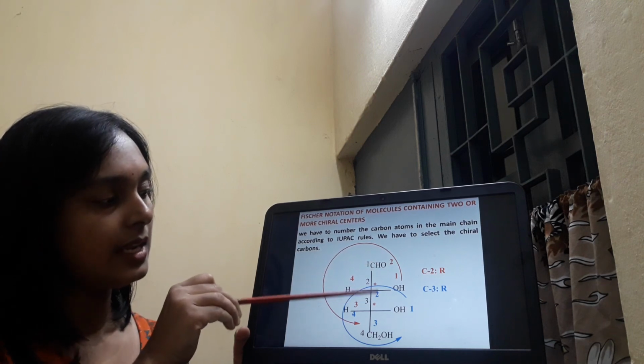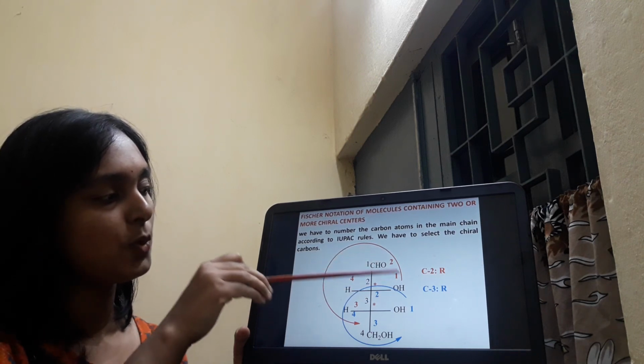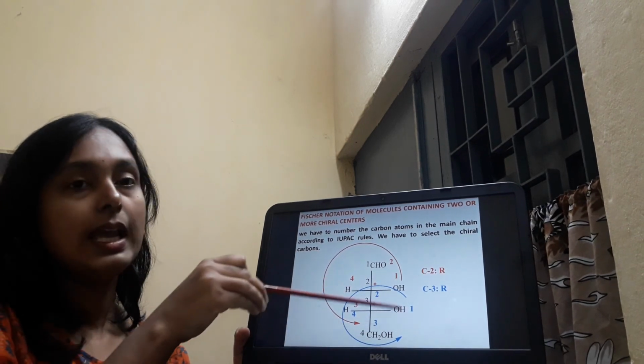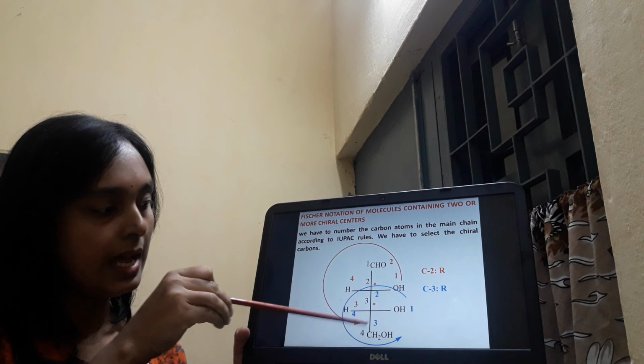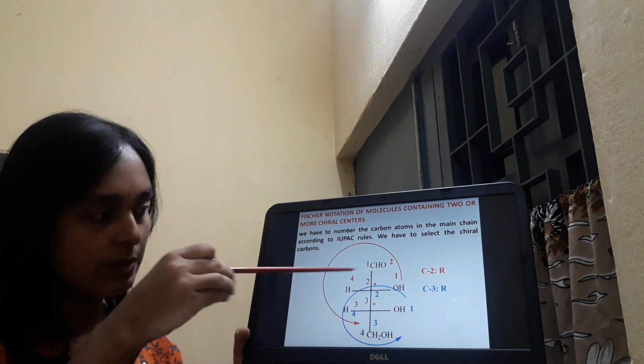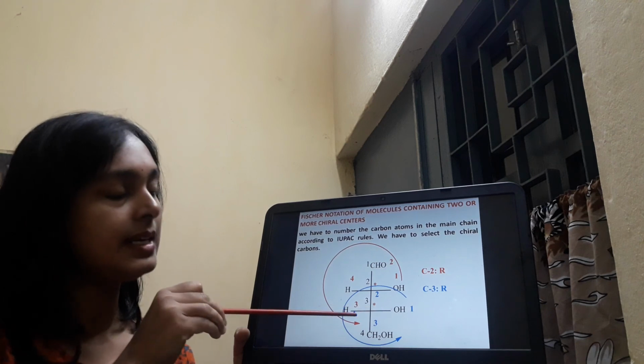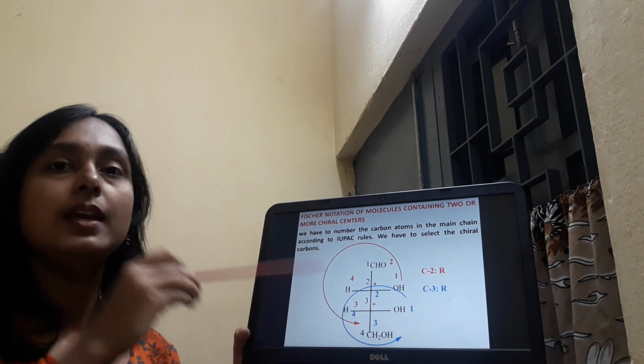So the second priority will be given to this portion, third will be CH2OH. So again it will be S, 1, 2 and 3. So it will be S configuration, but as the hydrogen is linked on the horizontal line at the left hand side, actually it will be R.